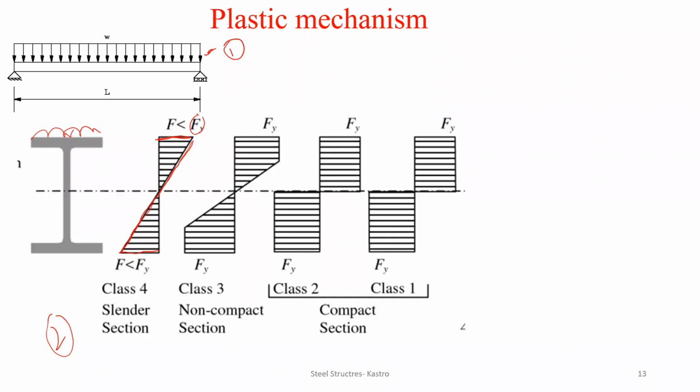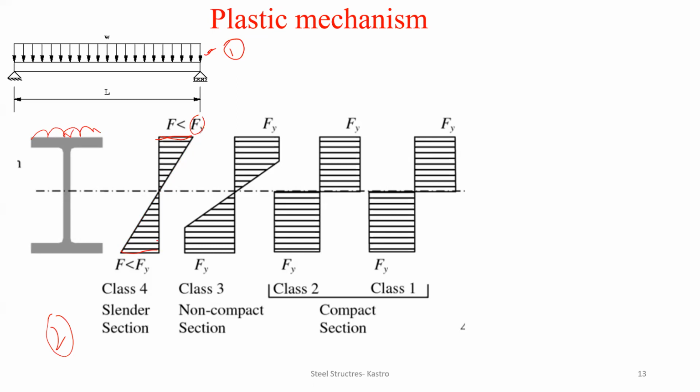As the load is gradually increased, stresses in the member will also increase, till the extreme fibers are subjected to yield stress. This is the extreme fiber, both at the top as well as at the bottom.